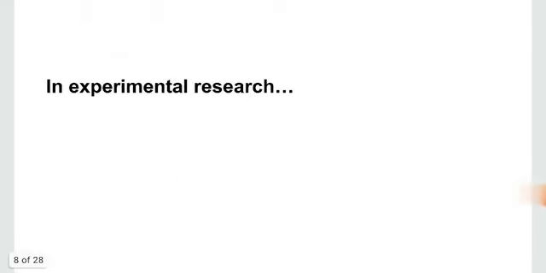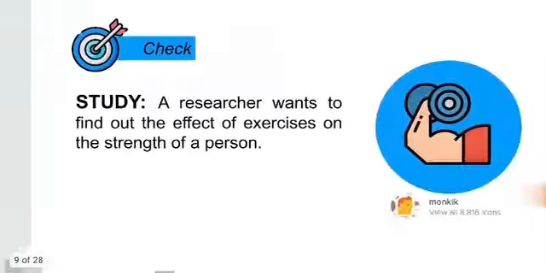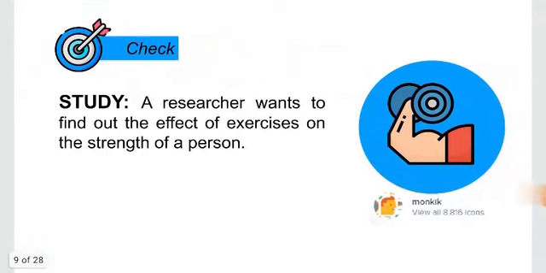So let's talk about experimental research first. Paano natin nakikita yung variable sa mga experimental research? So for example, this is your study. So gusto ng isang researcher na malaman yung epekto ng exercise on the strength of the person. Okay, yun ang gusto niyang malaman.